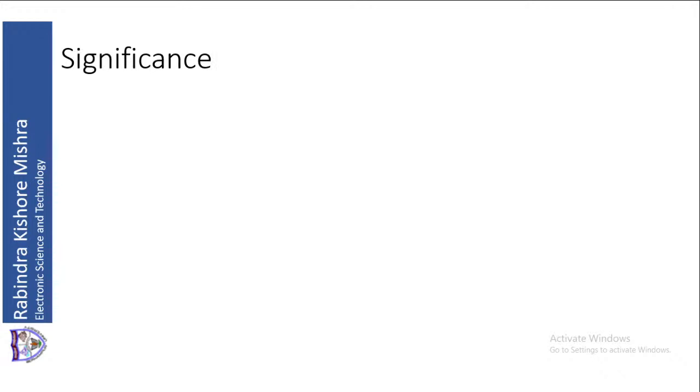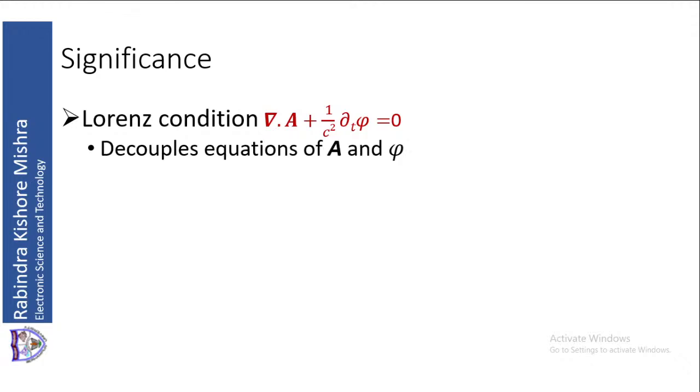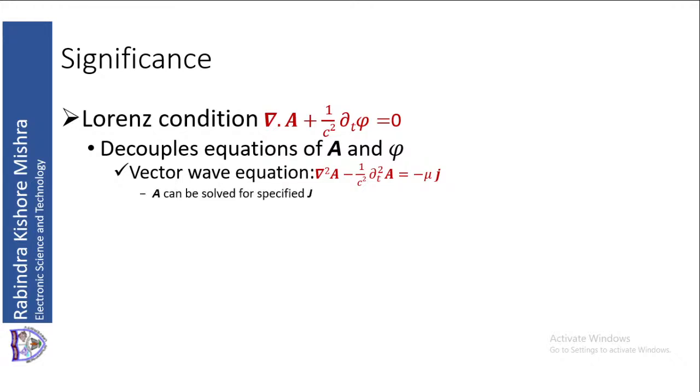Now let us look at the significance. The significance is the Lorentz condition. We got divergence of A plus 1 upon c square dot T phi is equal to 0. This decouples A and phi. So this is a decoupling equation for A and phi. For the vector wave equation, we have del square A minus 1 upon c square dot square T A is equal to minus mu J, by decoupling with the Lorentz condition.